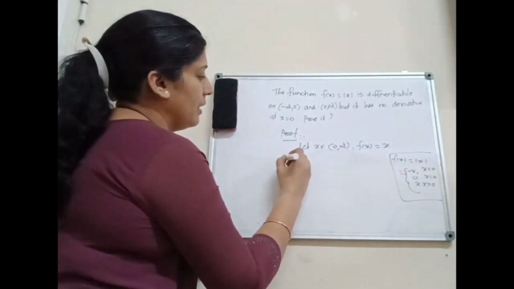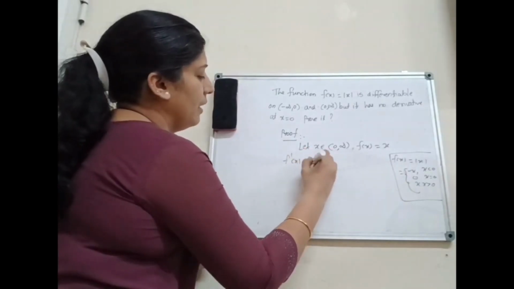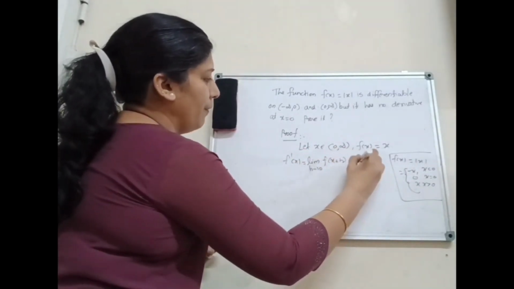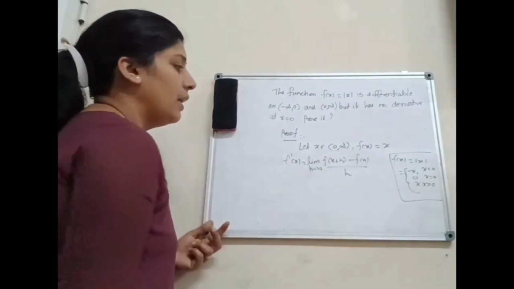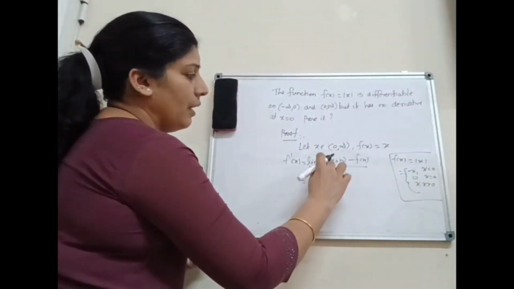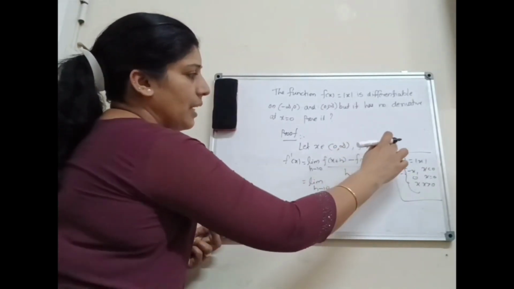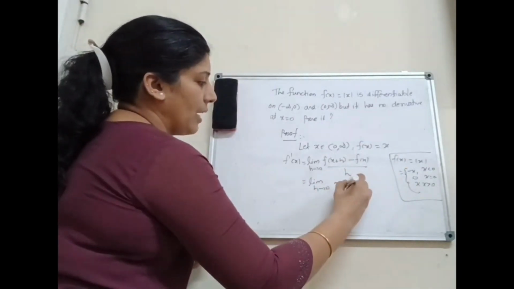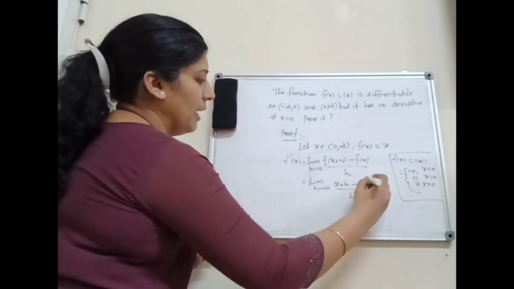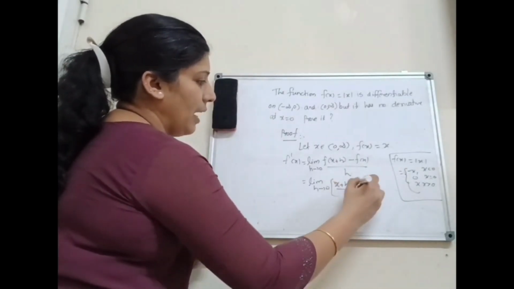Then next we can consider f dash of x is equal to what? Limit h tends to 0, f of x plus h minus f of x divided by h, by the definition of differentiability. That is equal to limit h tends to 0. Here f of x is x, then f of x plus h is x plus h, then minus f of x is x, divided by h. Then here x and minus x cancel.